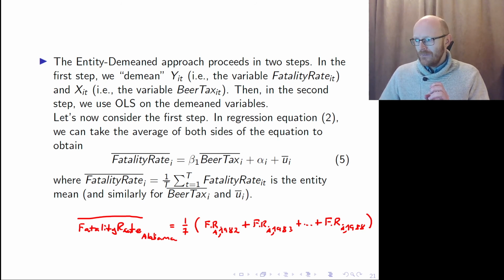Okay, and then you have the average fatality rate equals beta times the average Beer tax over those years plus the alpha I plus the ui. Alpha I is a constant, so its mean is just the constant itself.